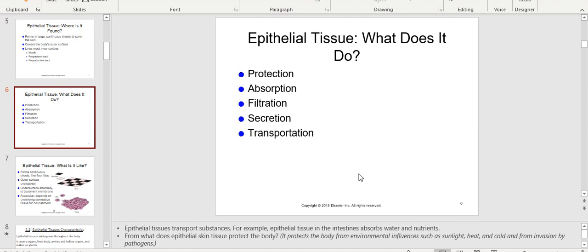Epithelial tissue protects, absorbs, filters, secretes, and is involved in transportation. For example, epithelial tissue in the intestine absorbs water and nutrients.